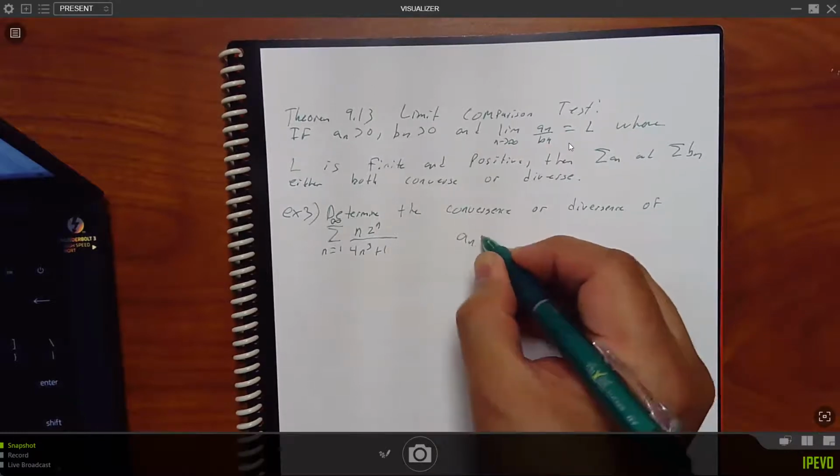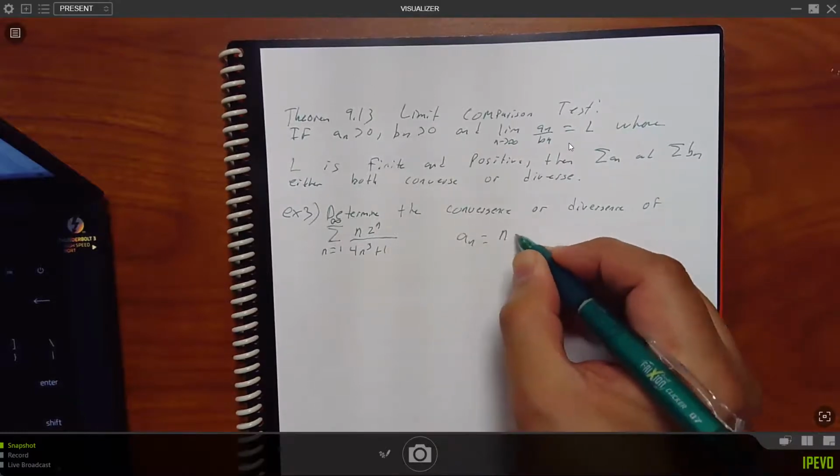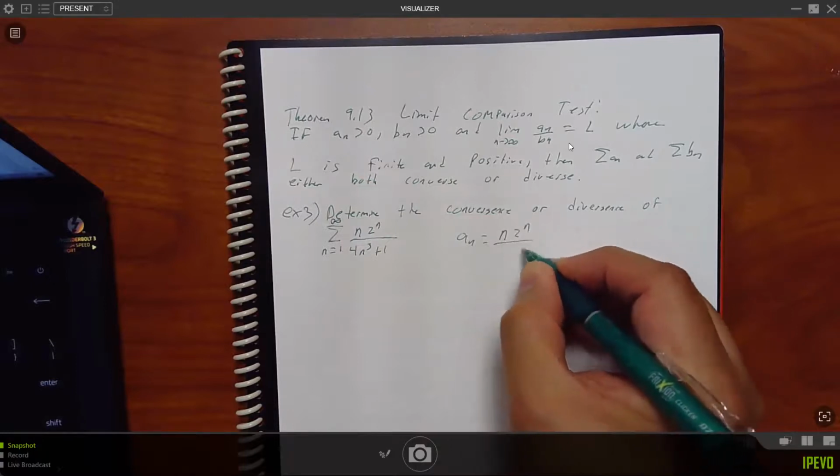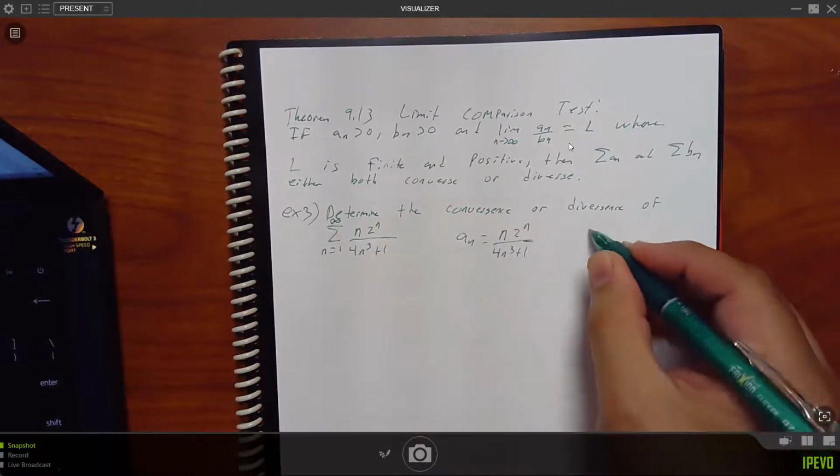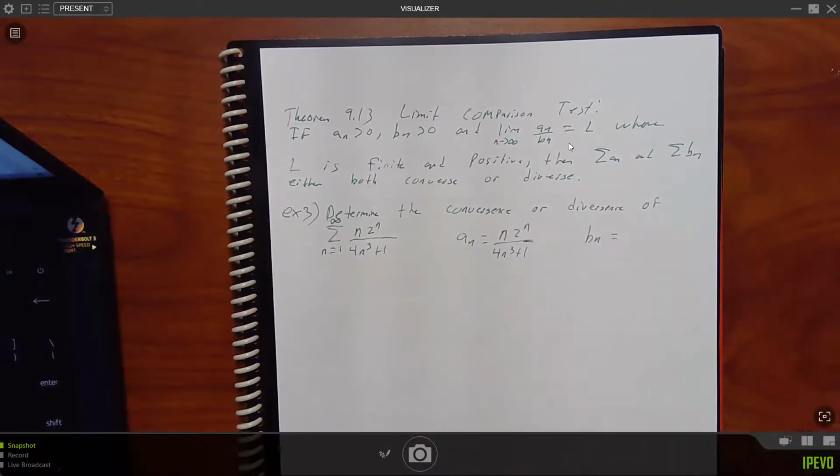So a sub n is equal to n to the 2n over 4n cubed plus 1. So that's the sequence part. What do you guys think a good b_n would be?